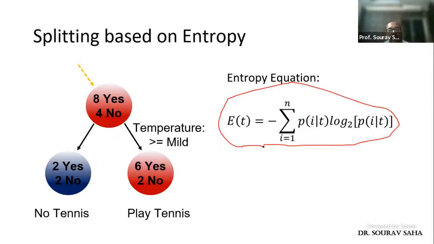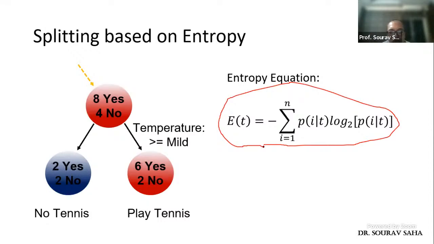If you have more than 2 classes, let's say 3 or 4 classes, and you use log to the base 2, then the entropy value will not be limited to 0 and 1, it will exceed 1. So what you can do is use log to the base of the number of classes. Otherwise, using log 2 is also fine, but in that case the value will not be capped at 1. It might get more than 1, right?